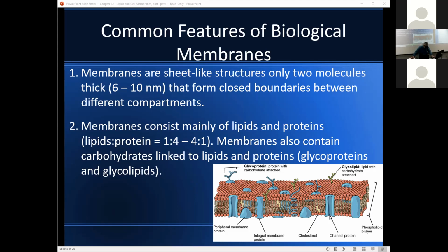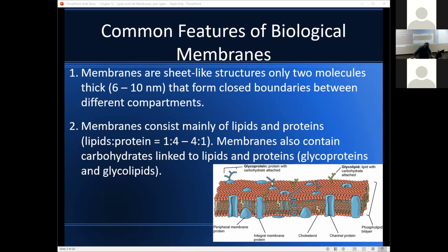We have different types of proteins. We have channel proteins, which are for transporting ions across the phospholipid bilayer. Integral membrane proteins, we'll talk about these later, span the entire bilayer.